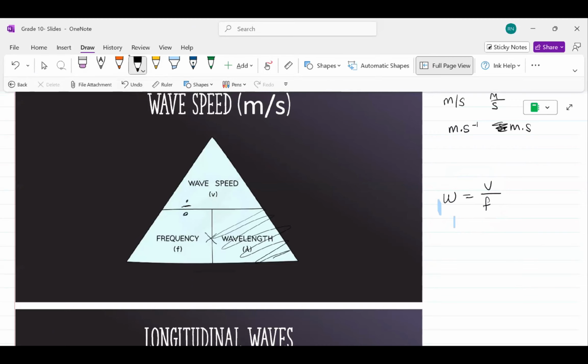Sorry, I drew the wrong symbol, I drew angular velocity, but that's how you would find your wavelength, right? And now what happens if I give you the period instead of the frequency? Well, you know how to do that. If I give you the period, then 1 over the period is equal to the frequency, so whatever you get for that 1 over the period, you substitute in there.